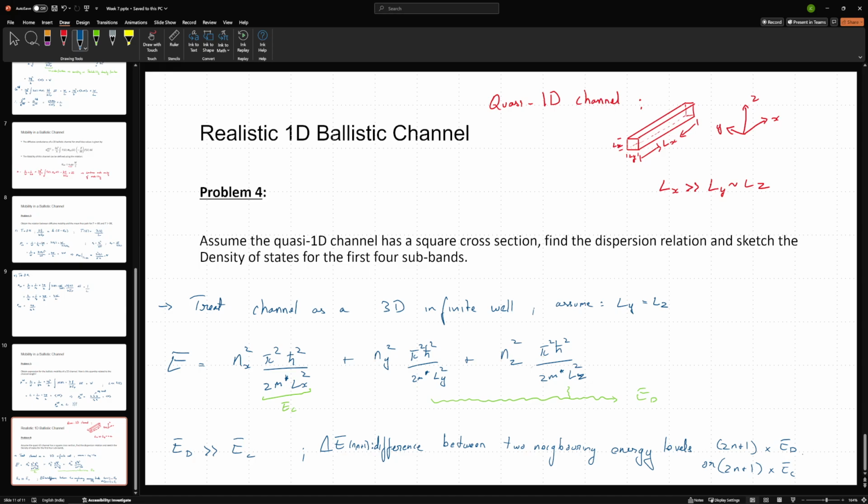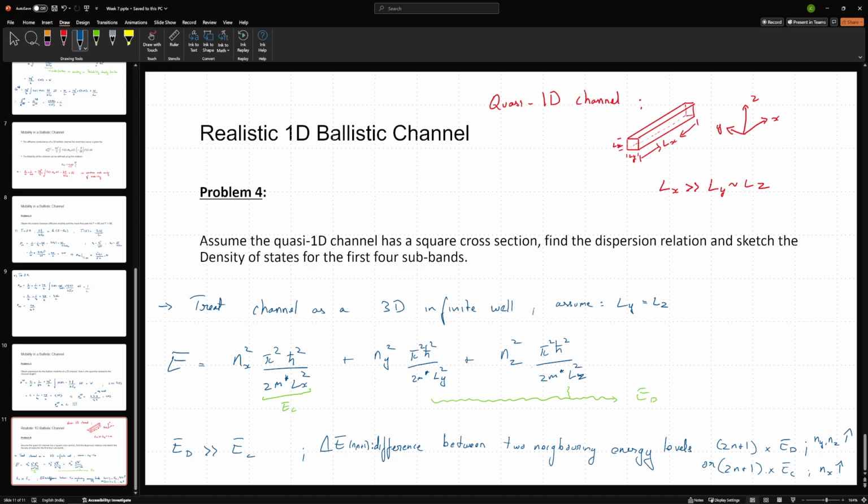Depending on which quantum number increases by 1, if nx increases by 1, it is going to be EC, and if ny or nz increases, it is going to be ED. I hope you can understand this.